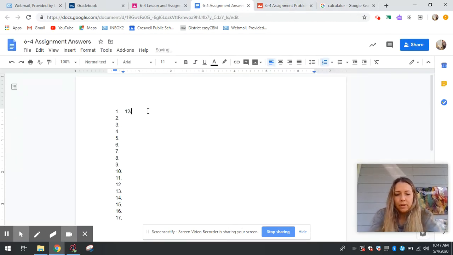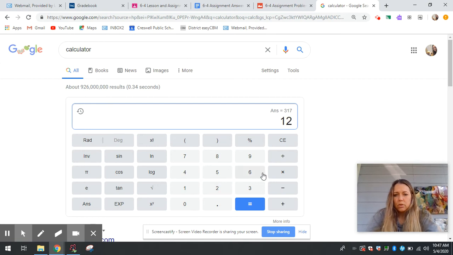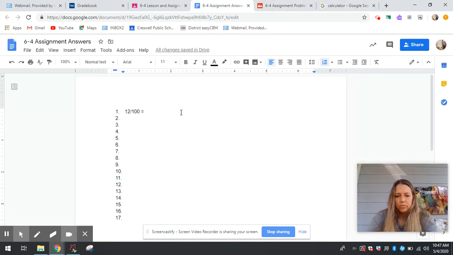So I write 12 out of 100. To get a fraction to be a decimal, you just put it in a calculator. This is 12 divided by 100. 12 divided by 100 equals 0.12.